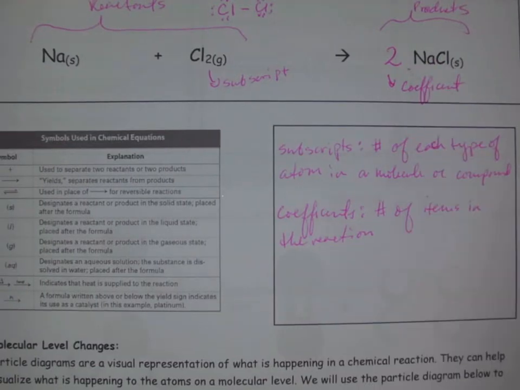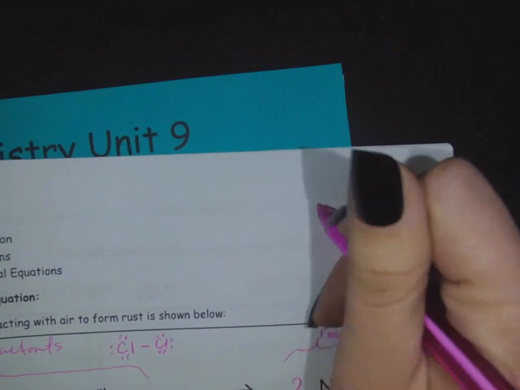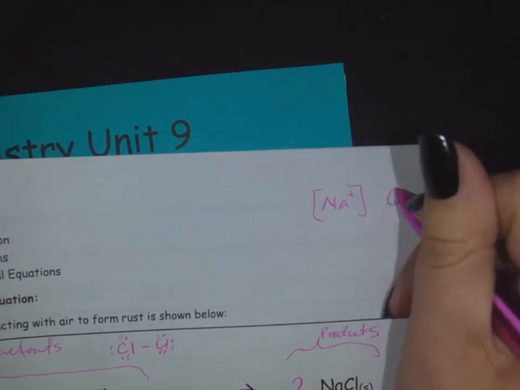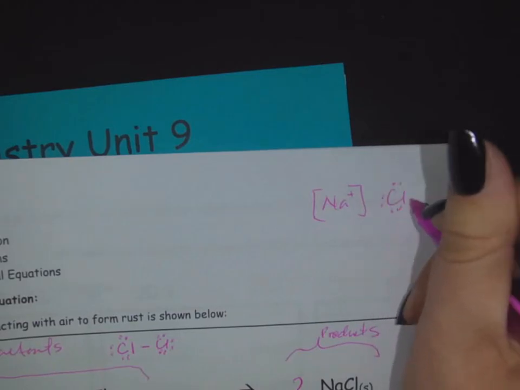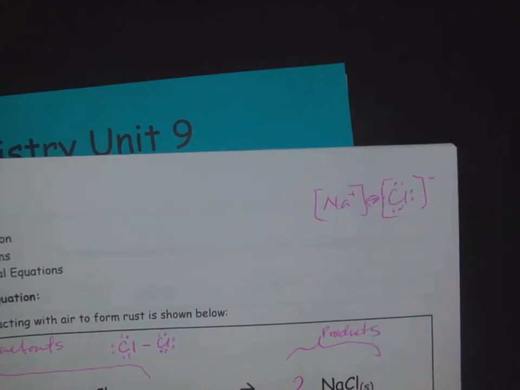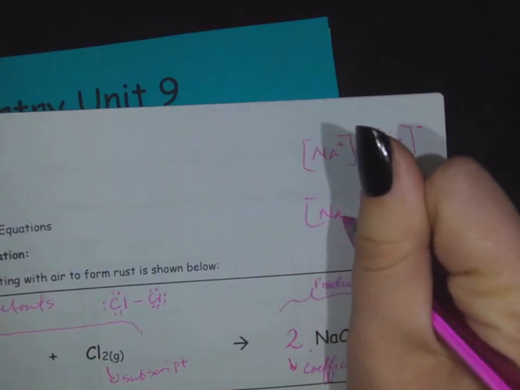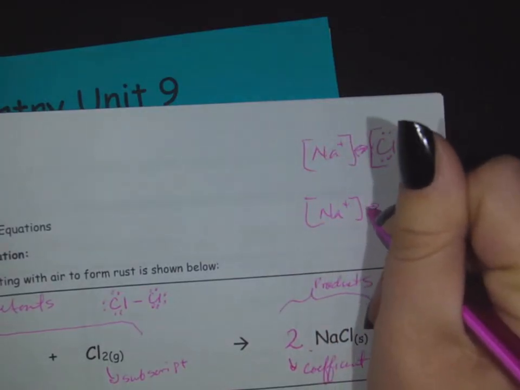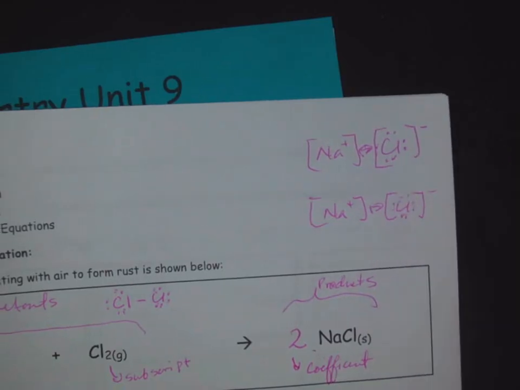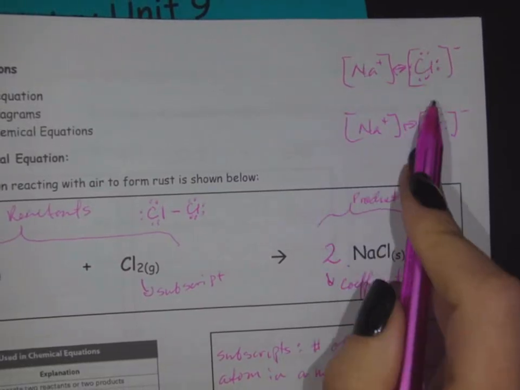If this is my Na and my Cl, and there's an ionic bond between them, this ionic compound is one NaCl. That would be one of them, but we need 2 of them. So this would be 2 NaCl's, and I can see from that that there are both 2 sodiums and 2 chlorines.